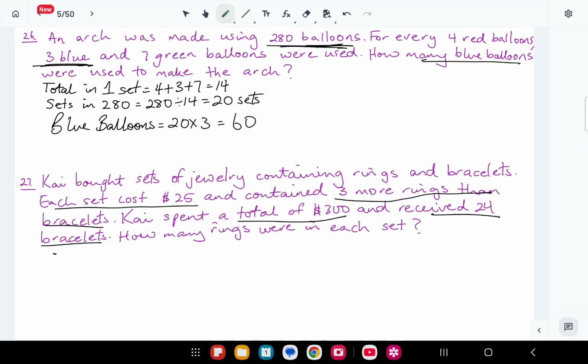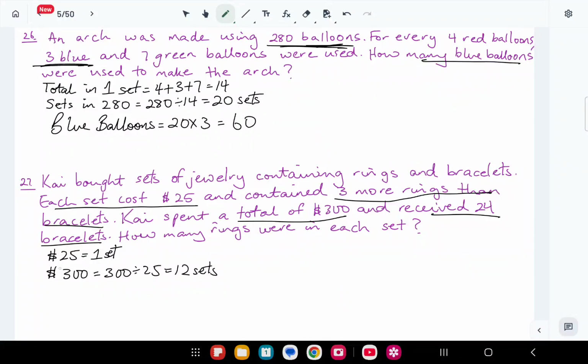So we know $25 is equal to one set. And the $300 that he spent, take the 300 and divide it by 25, and that will give us 12 sets. So we got 12 sets.